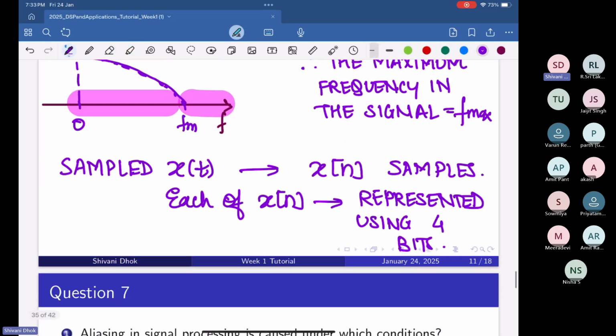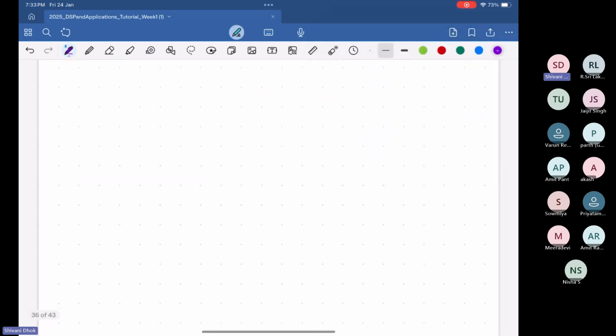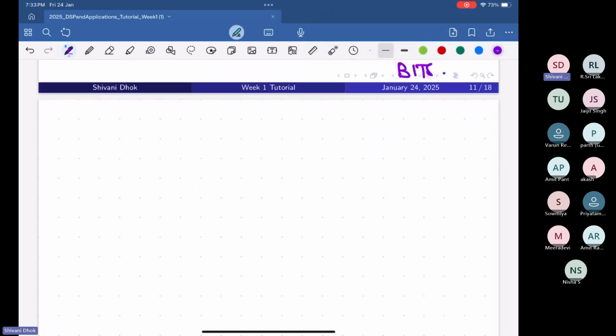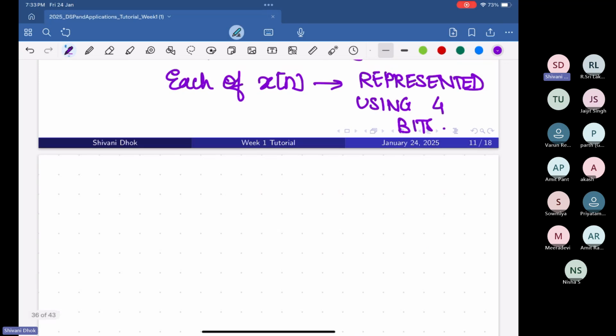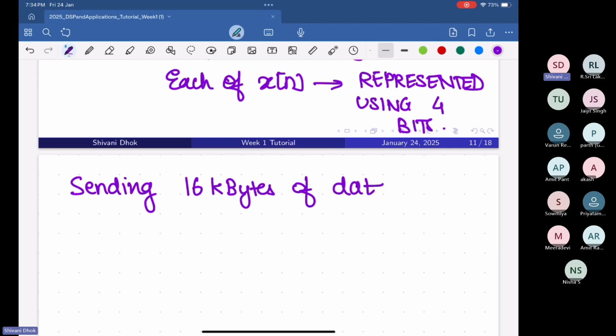Now what we need to do is send this from one device to another. I need to send whatever data I have from one place to another, and the rate at which I am transmitting is 16 kilobytes per second. So we are sending 16 kilobytes of data in 1 second.